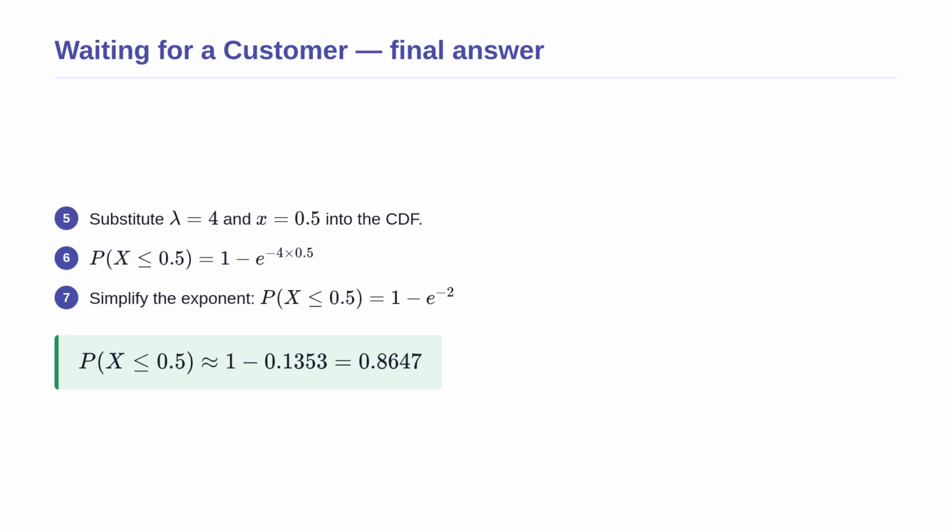We calculate e to the power of -2 to be approximately 0.1353. Subtracting this from 1 gives our final answer, 0.8647. Physically, this means there is an 86.47% chance that the shopkeeper will see the next customer within 30 minutes. Given the high arrival rate, this high probability makes perfect real-world sense.